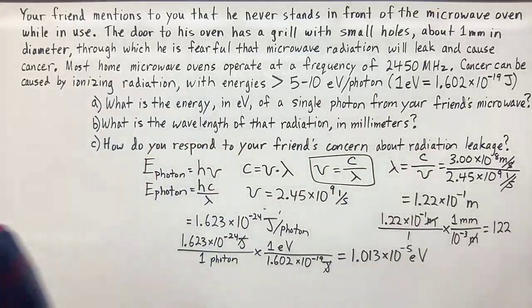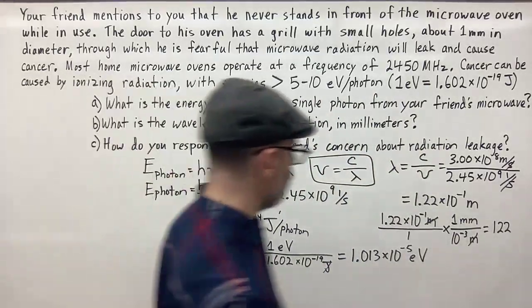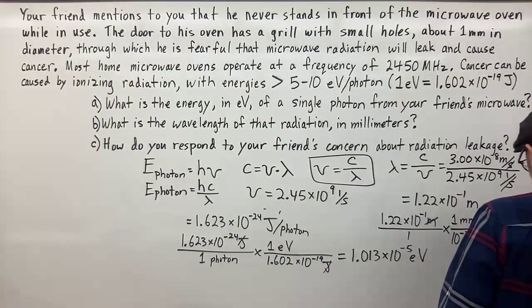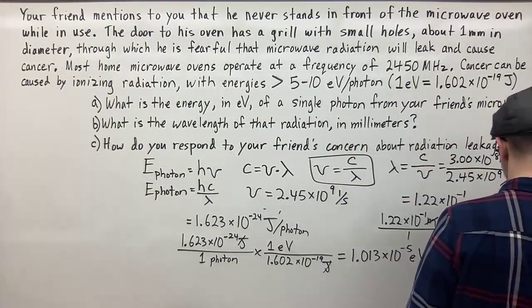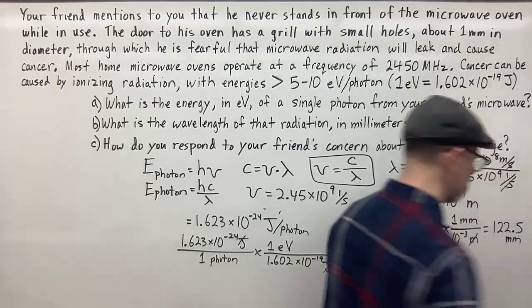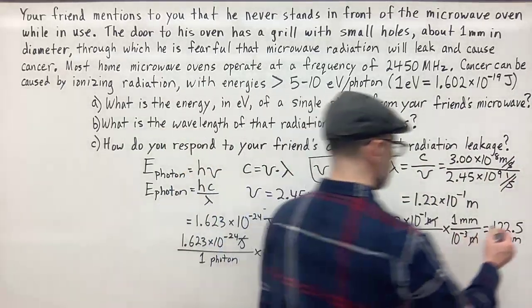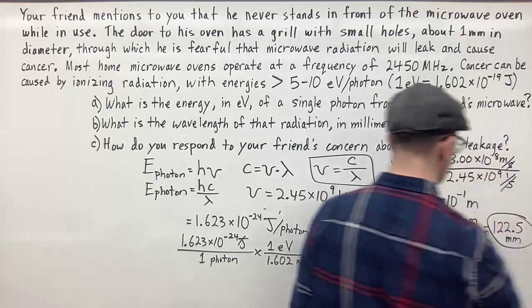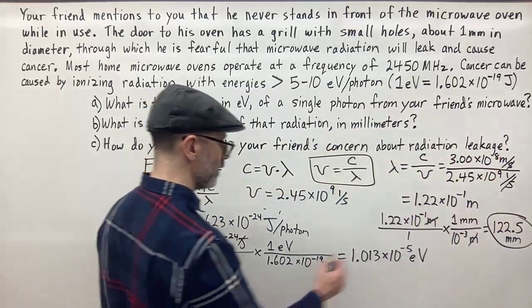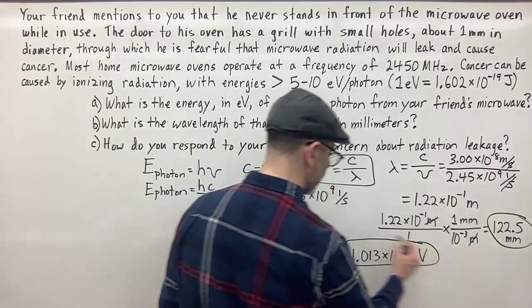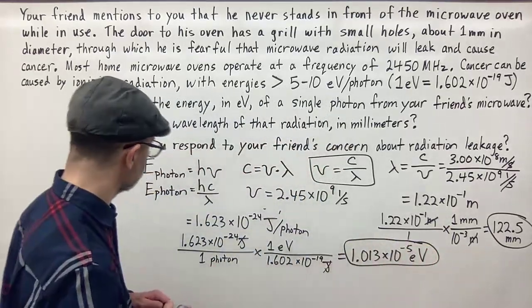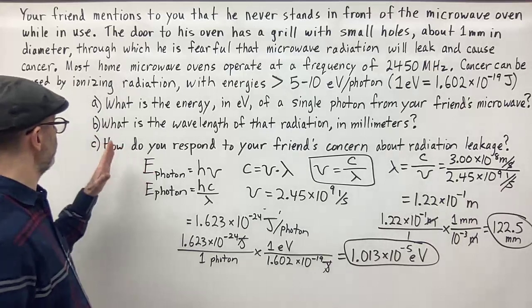Let me just double check my answer. So this is the number of millimeters. Again, this is the energy of one photon in electron volts. Okay, so we've got A and B done.